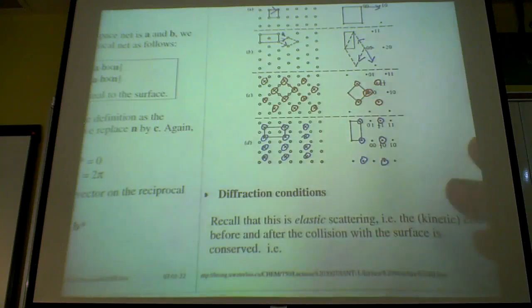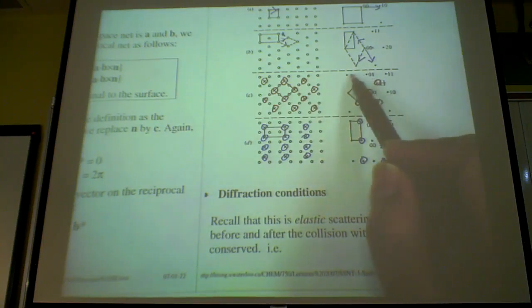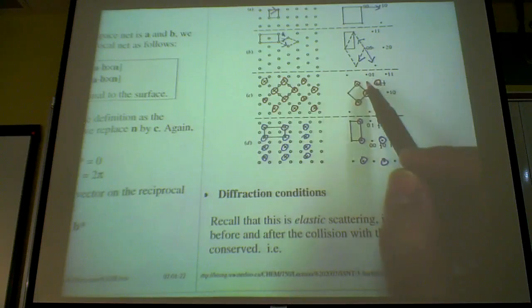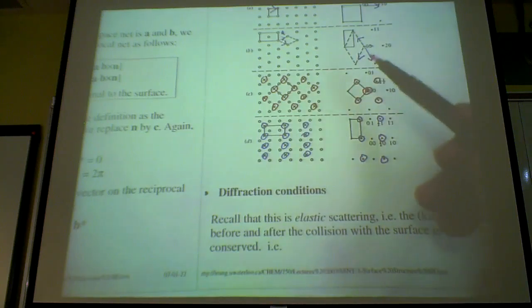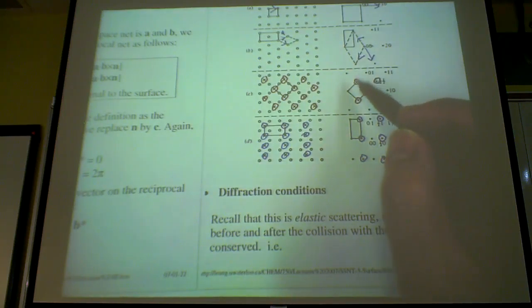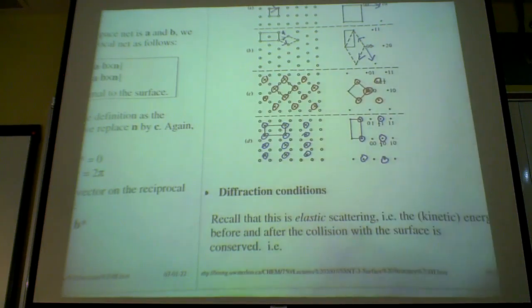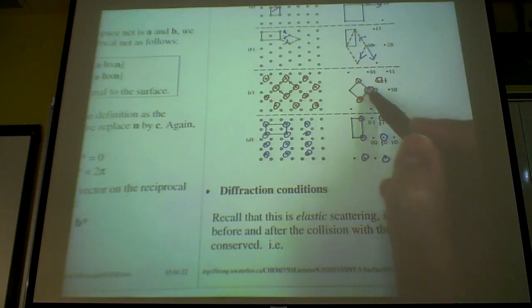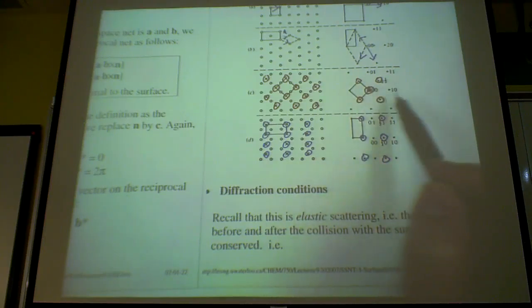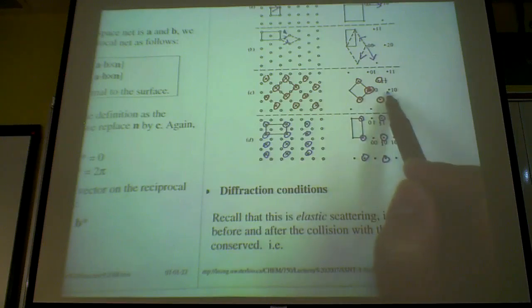But you don't see that weak intensity because there was already intensity there due to the original substrate. So you really should count the spacing from here to here. If this is the 1,0 spot, this is my center 2x2 spot. It really is 1/2 the spacing of the original.